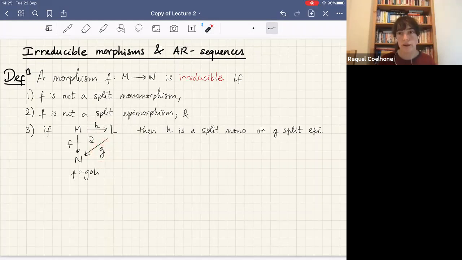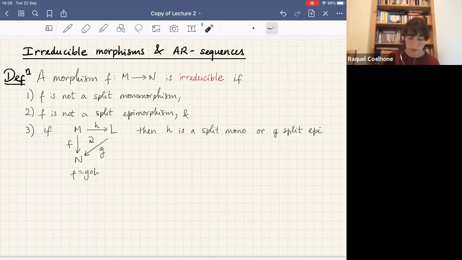So you don't have many interesting factorizations of f. So in some sense, these will be the building blocks of morphisms. In the same way that indecomposable modules are the building blocks of all the modules, we're going to consider these to be the building blocks of morphisms.